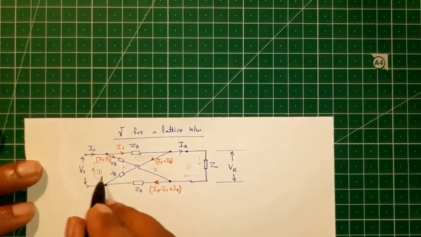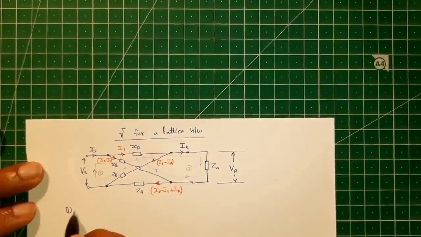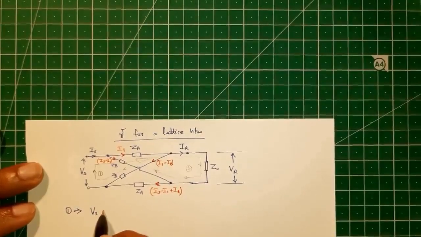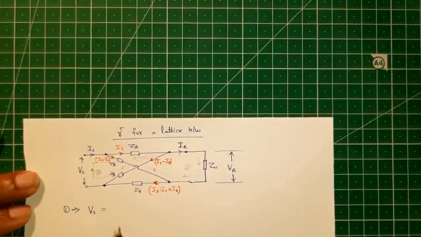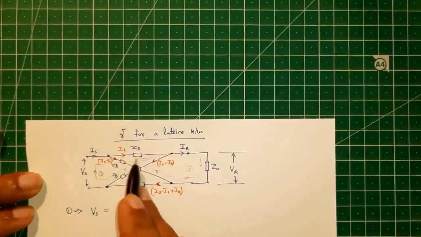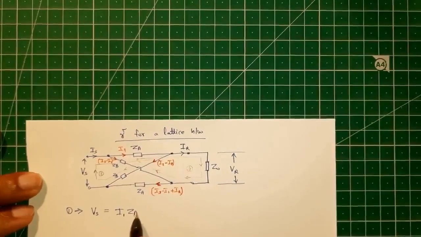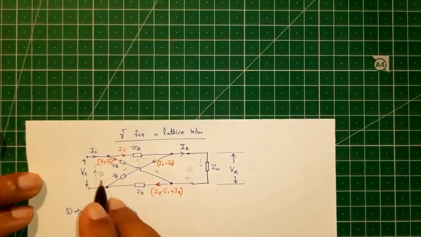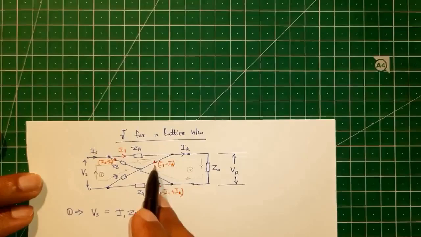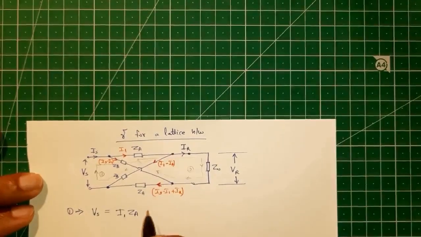Now let us see what Kirchhoff's voltage law we can write for loop 1. We have Vs, the sending end voltage, equal to I1 into ZA, and here we have I1 minus IR into ZB.